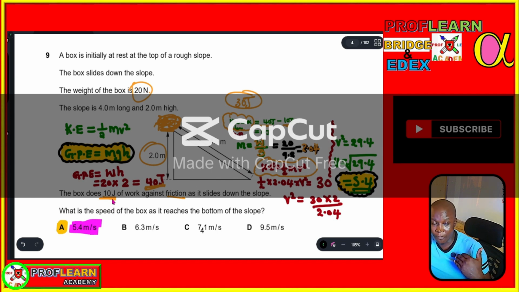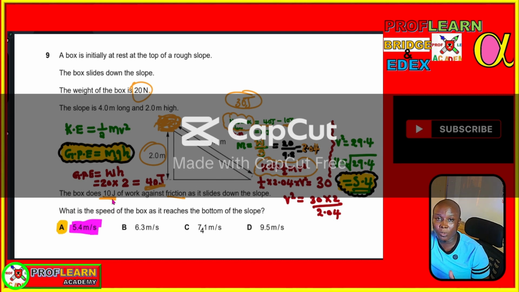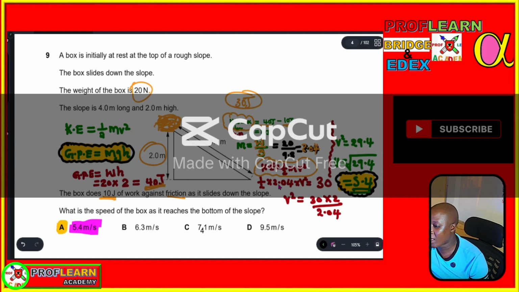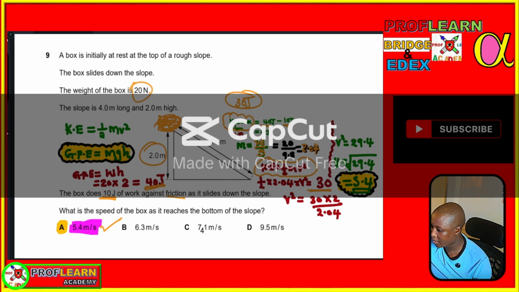So from the 40 we are going to remain with 30 joules, which is converted now to kinetic energy. So that's why you can see I'm saying a half mv squared is equal to 30, and if you work it out, you are going to get v equals 5.4, which is going to be our speed at that given point. I believe we are okay, right?